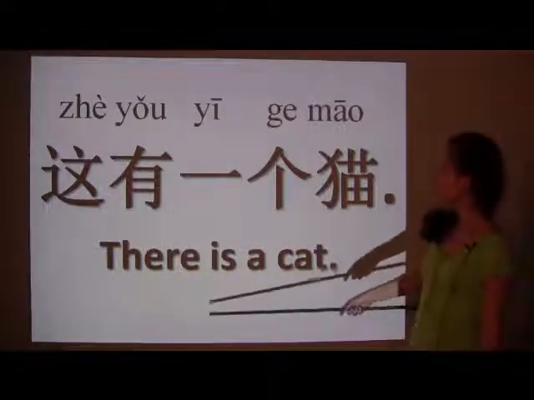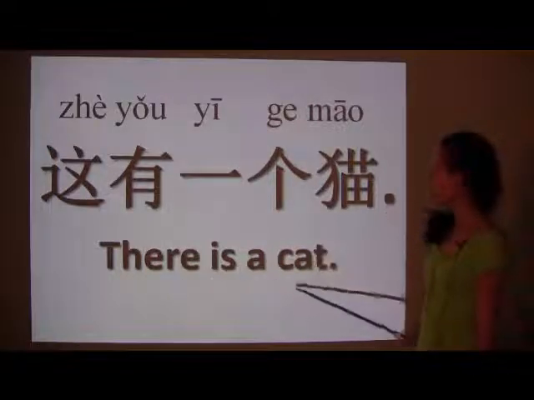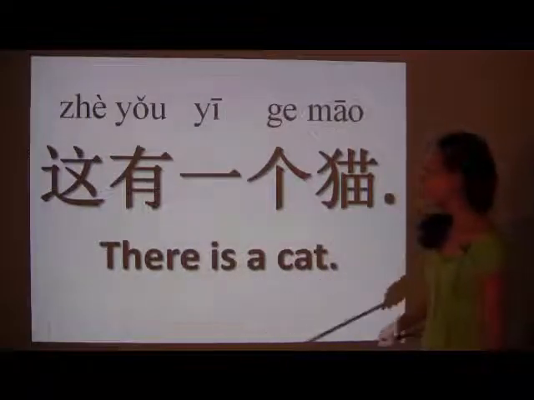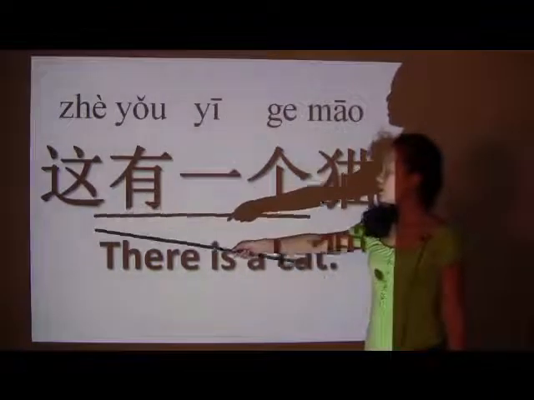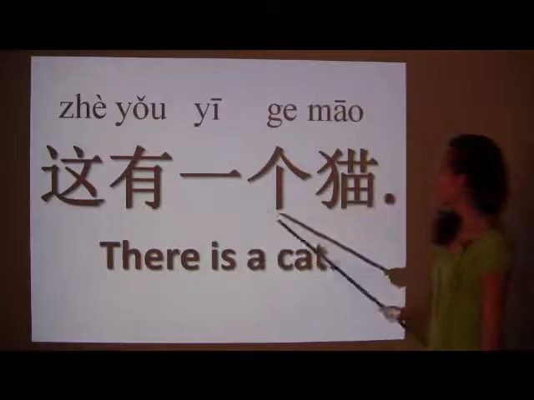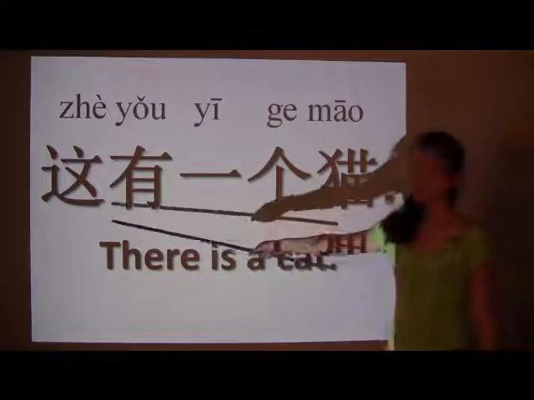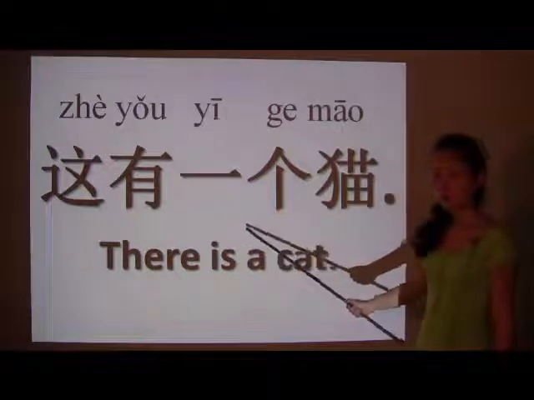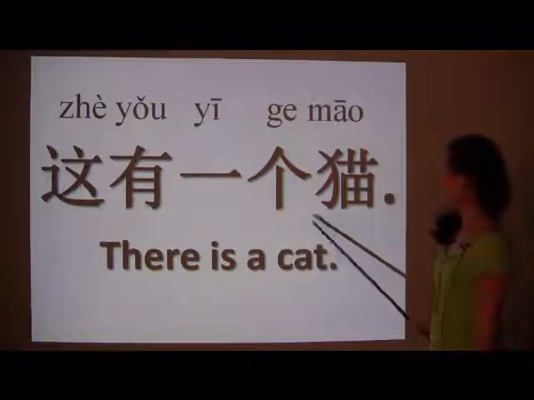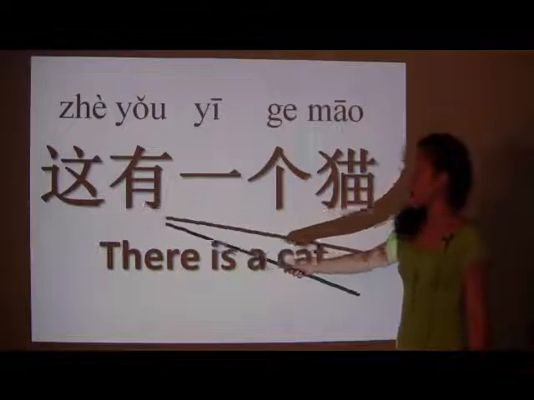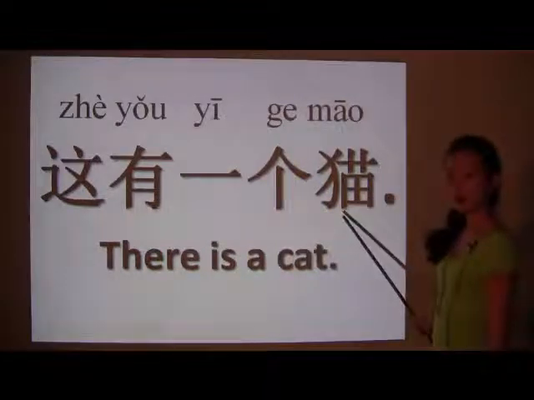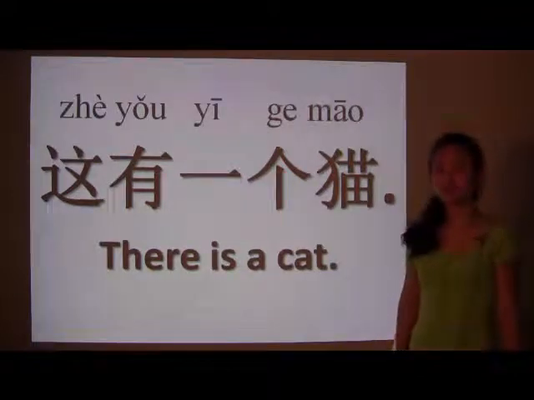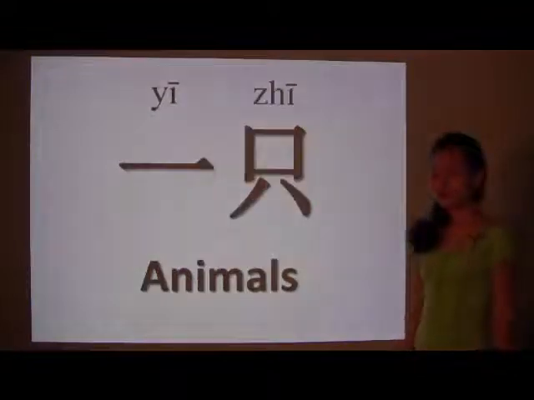But if you say, there is a cat, or here is a cat, then you would say, 这有一个猫. Here is, or there is, a one cat. 这有一个猫.